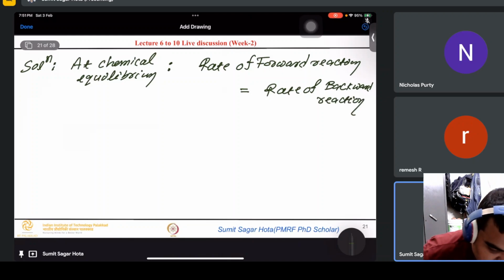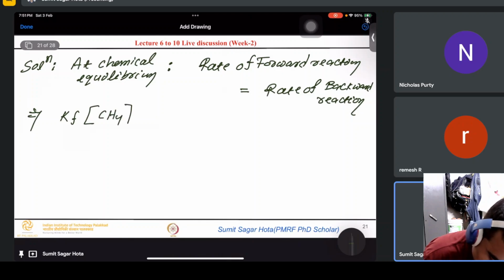Now just substitute what will be there at the forward and what will be there at the backward. Kf of CH4 is equal to Kr.